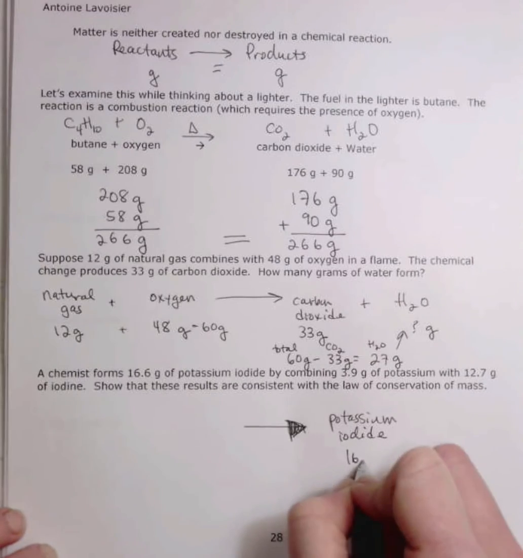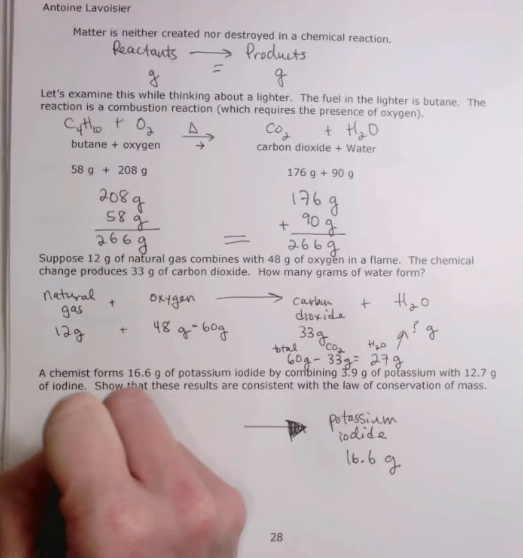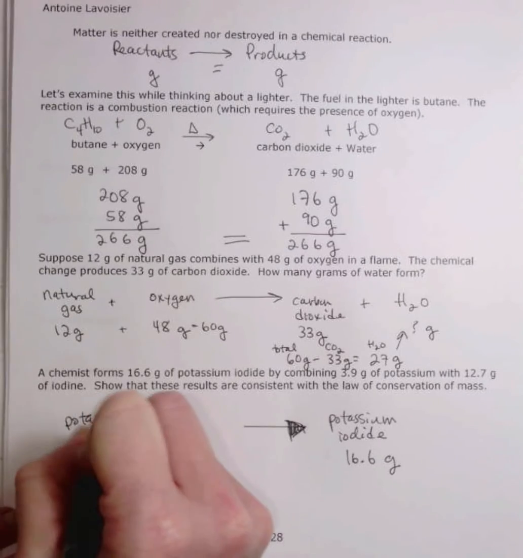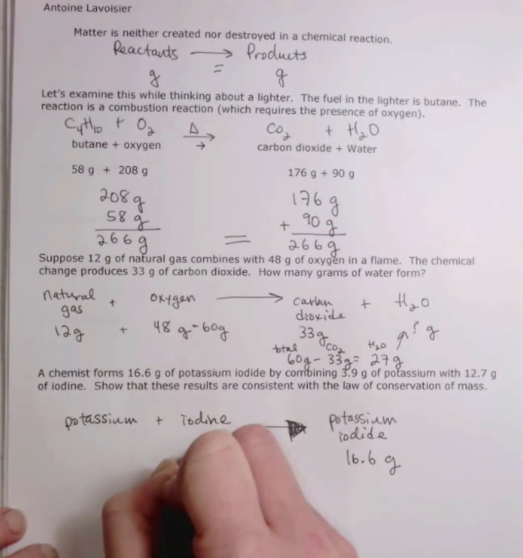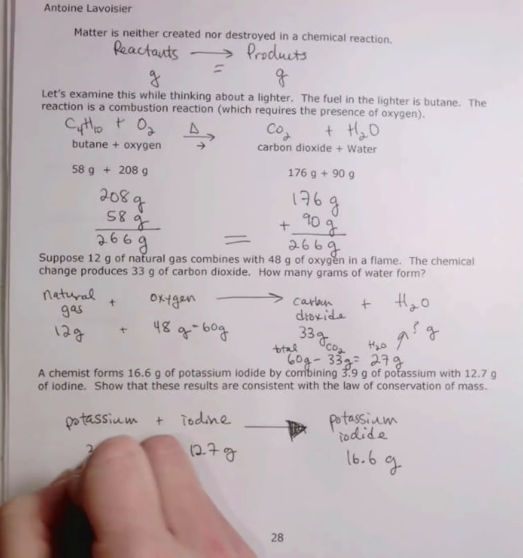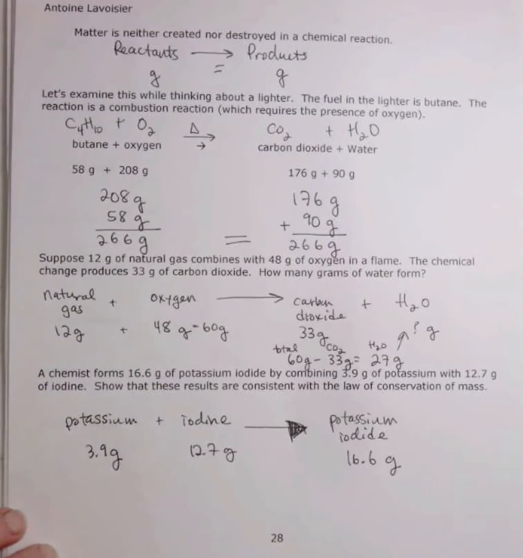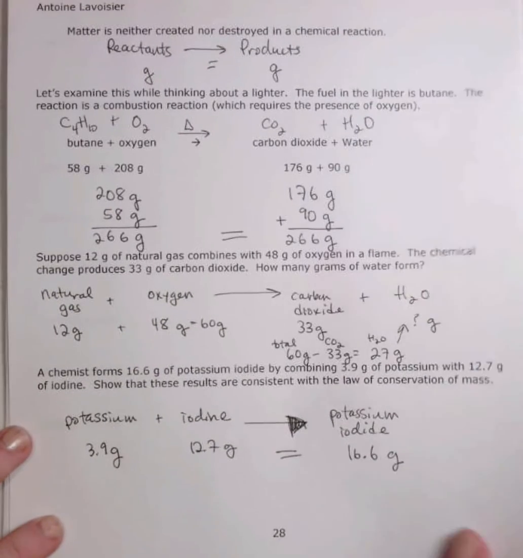So we get 16.6 grams. And then potassium plus iodine, 3.9 grams. So when you add those together, you get that 16.6 grams. So that is consistent with the law of conservation of mass. So very good.